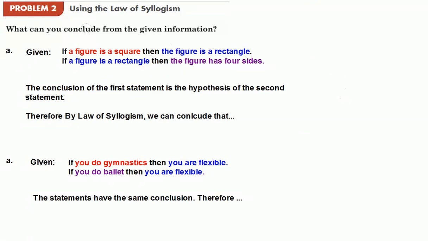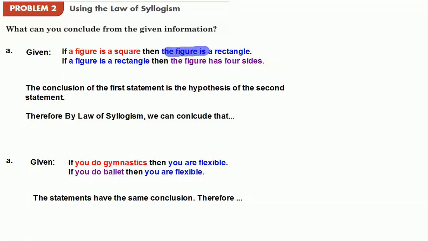Okay, for problem 2, using the law of syllogism, what can you conclude from the given information? Okay, so here's the given. If a figure is a square, then the figure is a rectangle. The second statement says, if a figure is a rectangle, then the figure has 4 sides. So, the first thing you need to notice is the conclusion.